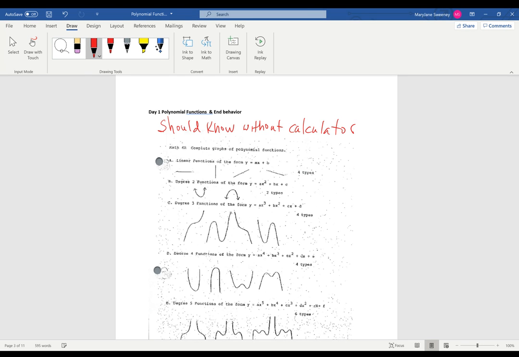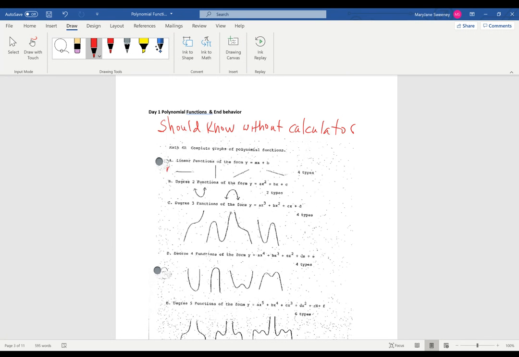Otherwise, a lot of this would be kind of silly, because you could just put it in your calculator and look at the end behavior. So that's what takes this different from being something I could ask a freshman in Algebra 1 versus a pre-calculus topic. So we know we have linear functions.